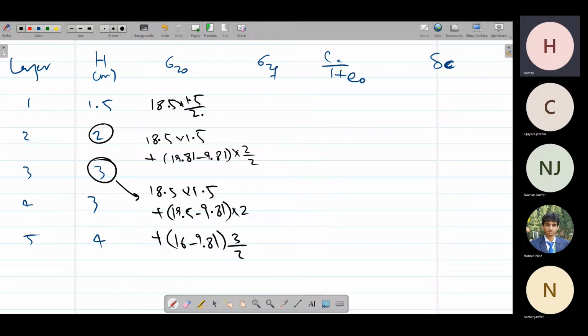This way we can get the sigma z naught for the middle of each layer.